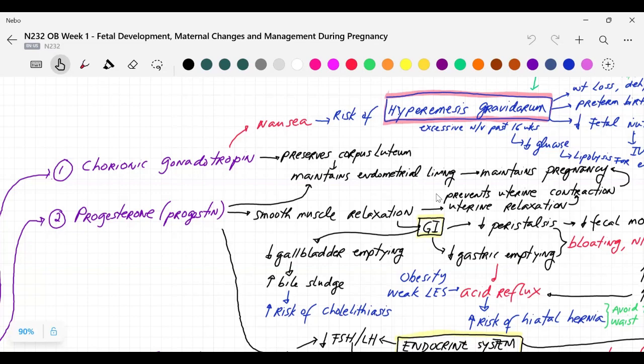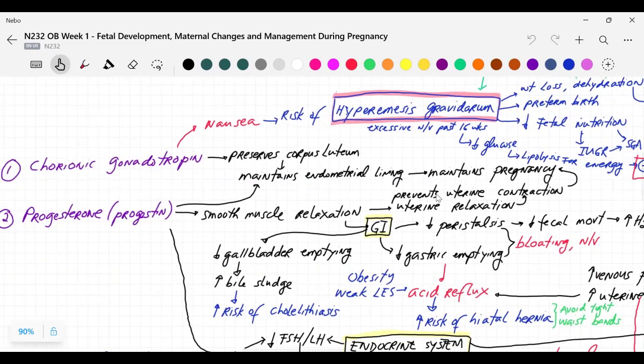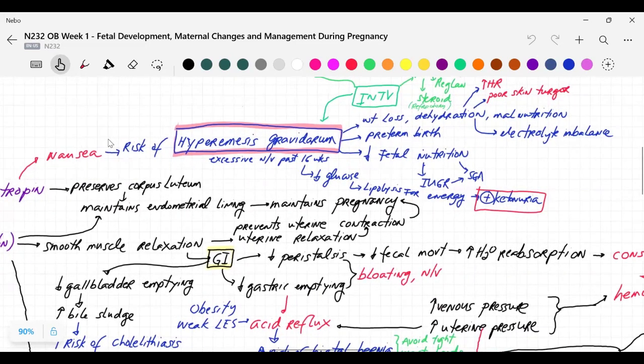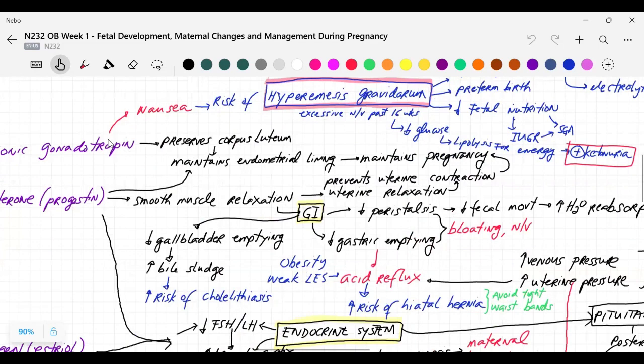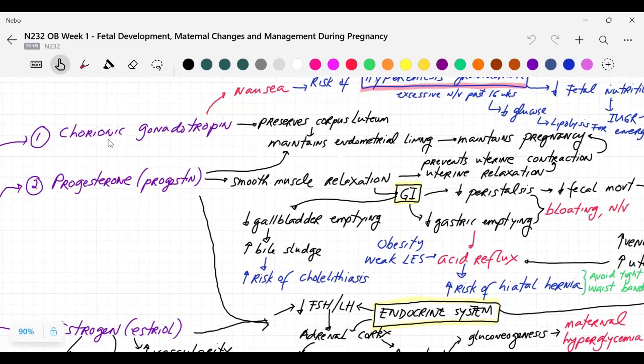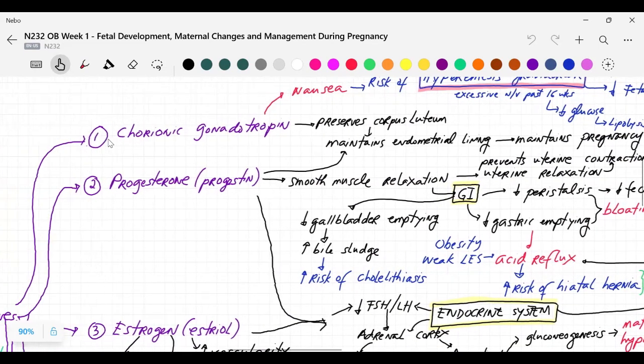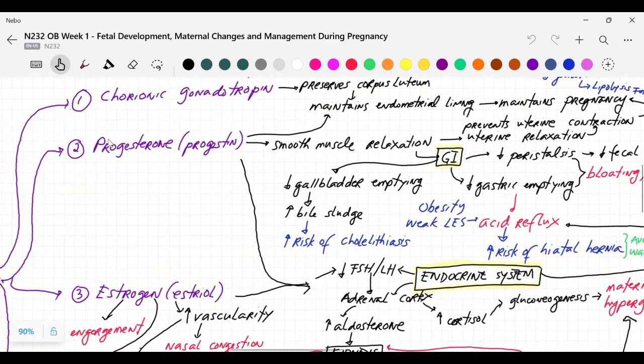Okay. But again, if there's a lot of HCG, that's going to cause nausea. And then we'll talk about hyperemesis gravidarum later on. That's going to be in your unit exam 1. So I'll come back to that. We're talking about just normal right now. Okay, so HCG is responsible for what symptom in pregnancy? Nausea, okay, and vomiting sometimes.